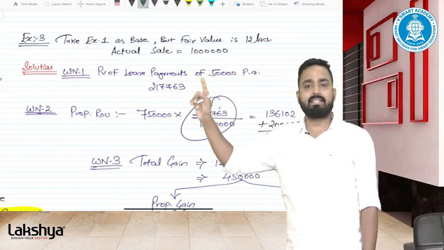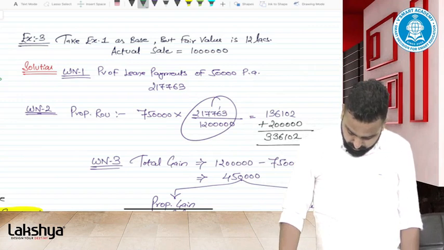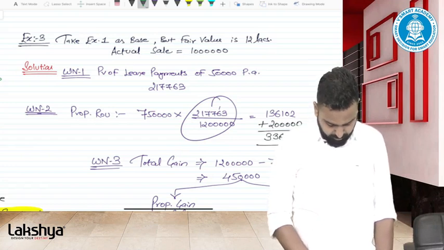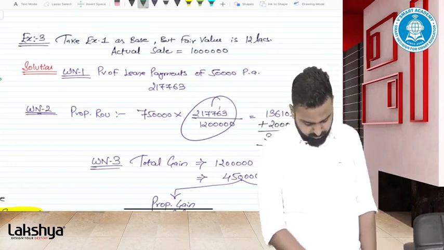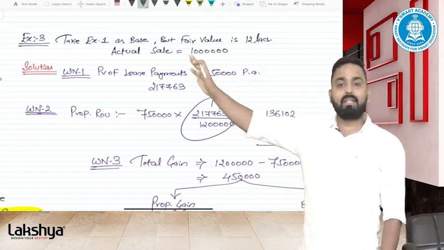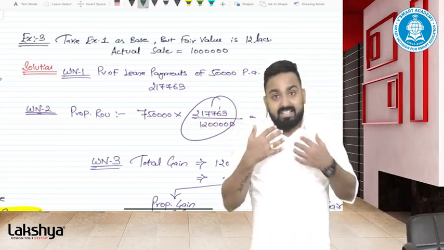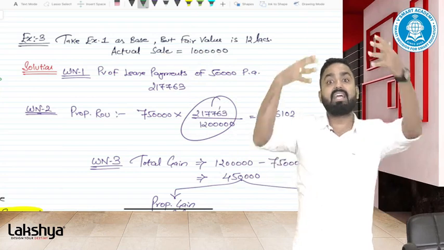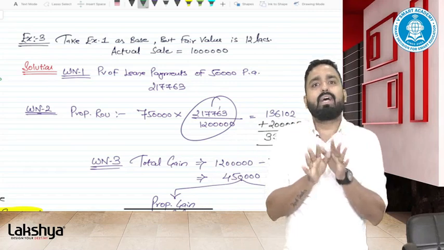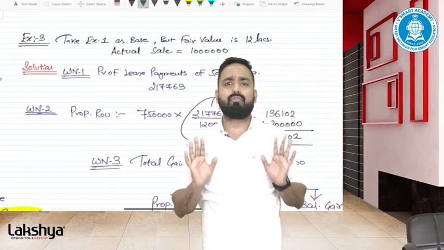Here, the fair value is higher than the sale value. The asset I have is of high value, but I don't need that much loan. Suppose I require just 10 lakh rupees. I want to arrange 10 lakh rupees of funds.